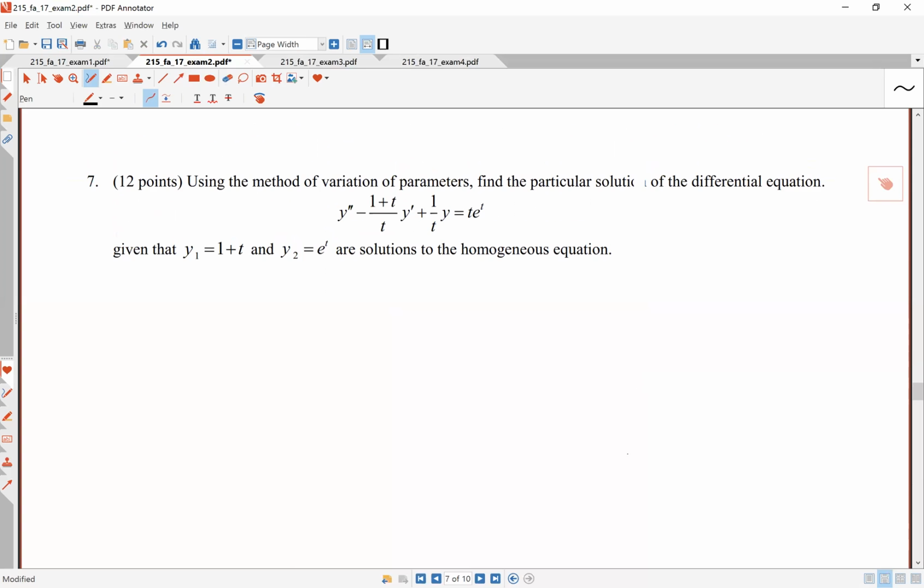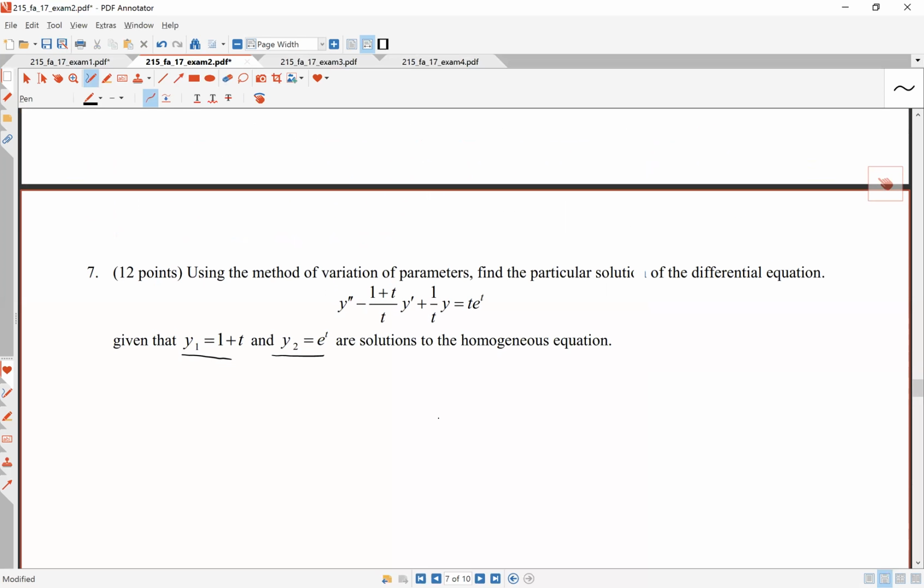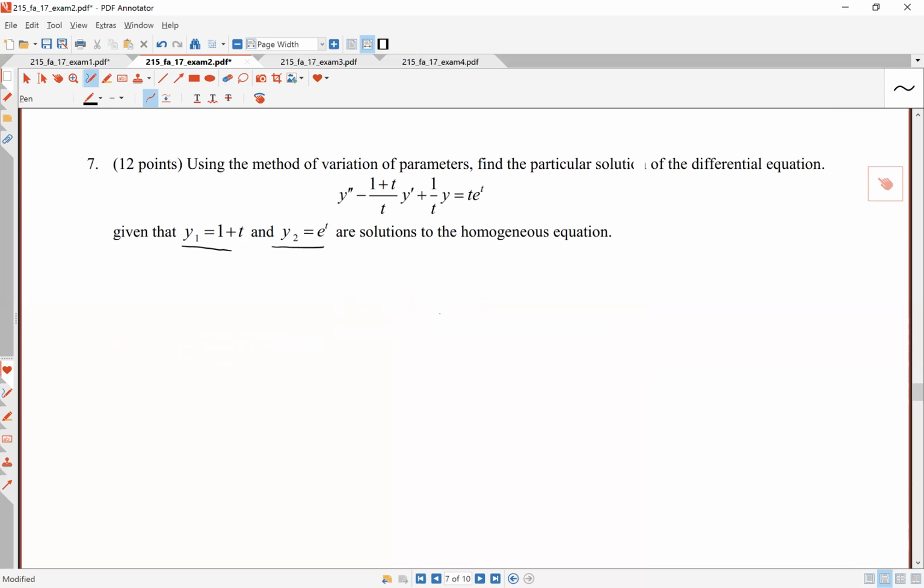Method of variation of parameters. If we knew two linearly independent solutions to the homogeneous, then our particular solution we found by varying the parameters. We took v1 times y1 and v2 times y2. Now we took first derivatives of those, which gave us our first restriction.